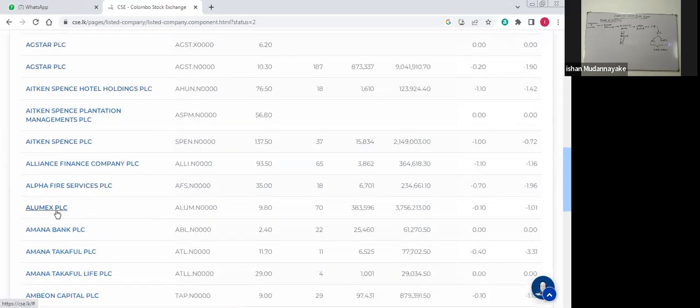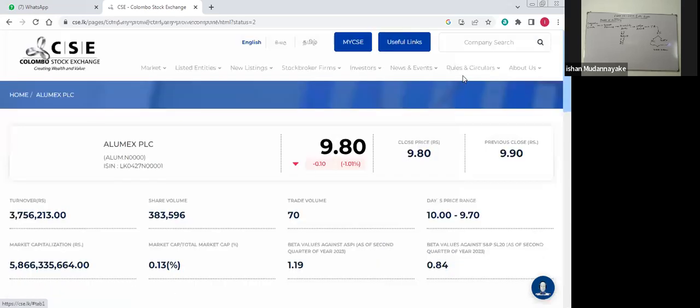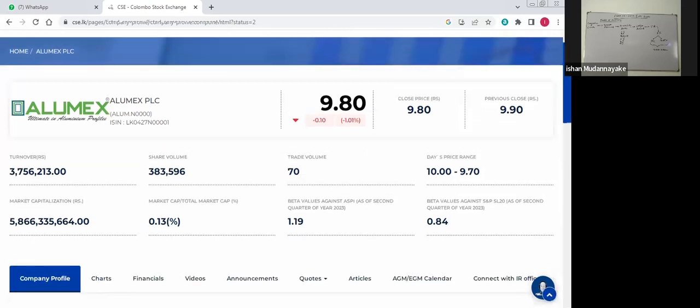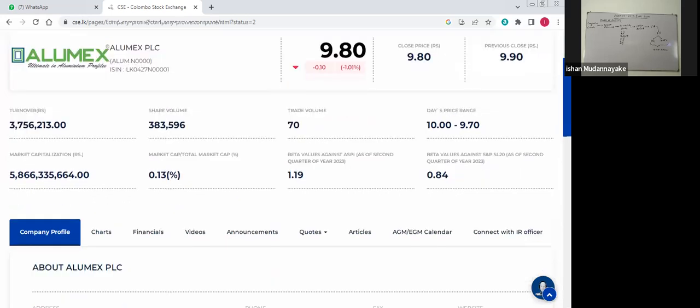Alimax PLC, Colombo Stock Exchange. Through this website, we can see financial statements.